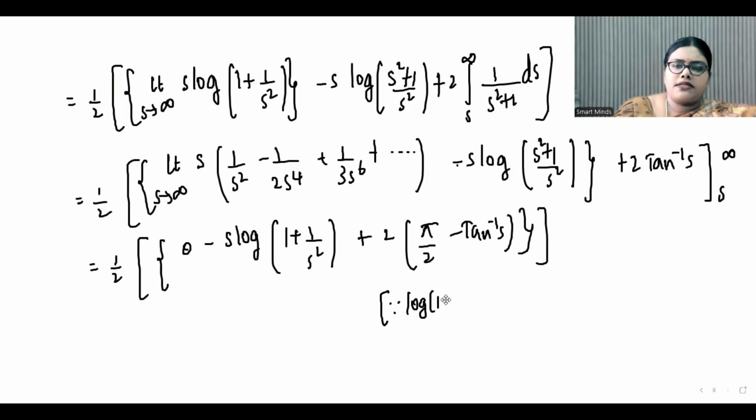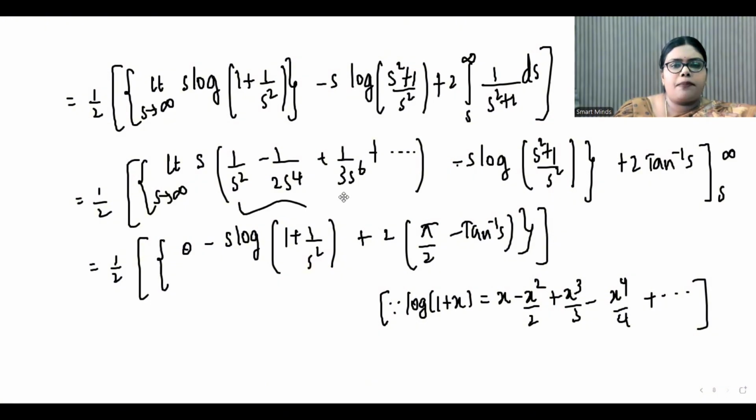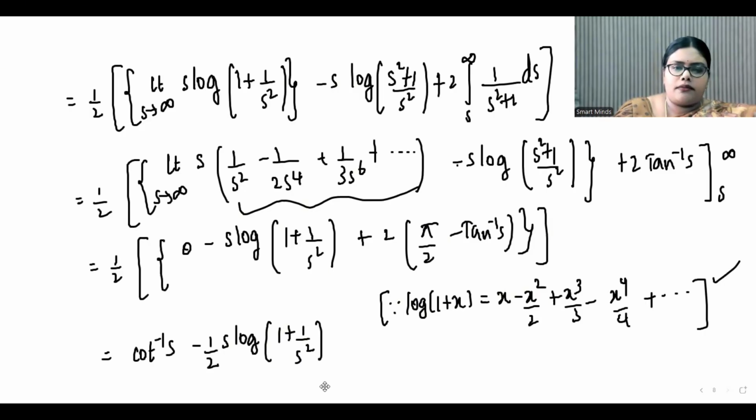Since log 1 plus x can be written as x minus x square by 2 plus x cube by 3 minus x power 4 by 4 plus so on. This step how we got, I am showing you here. Understood? So that is equal to cot inverse s, because pi by 2 minus tan inverse s is cot inverse s. Cot inverse s minus 1 by 2 s log 1 plus 1 by s square. This is the final answer.